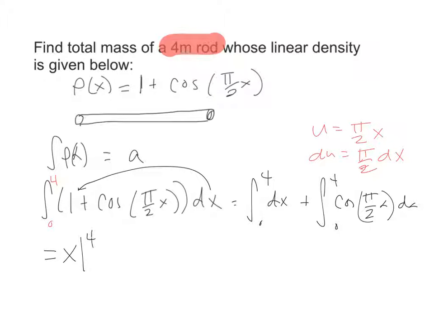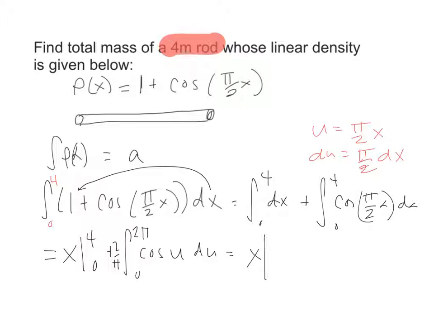X from 4 to 0 plus the integral of 2 over pi cosine of u. And if I plug in, I can change the bounds to be 2 pi versus 0 to u.